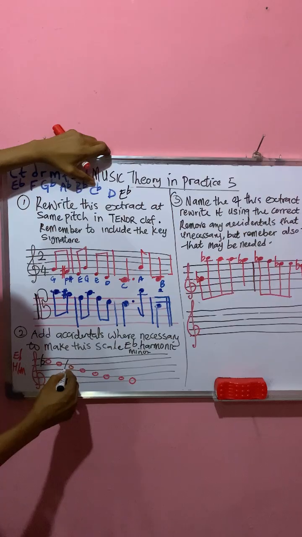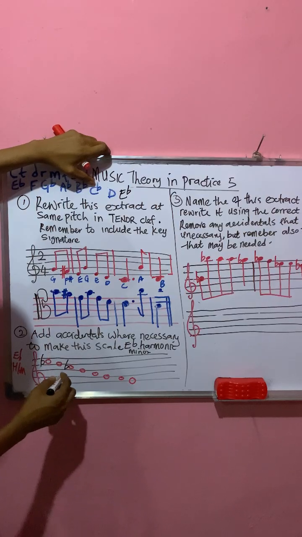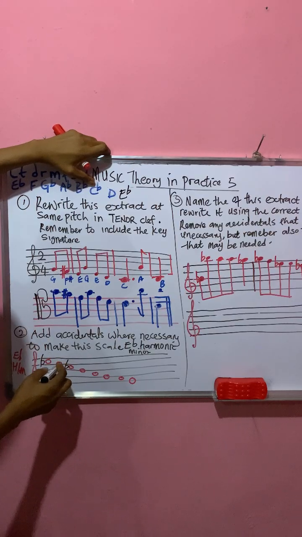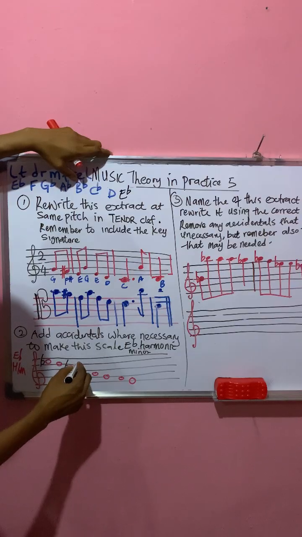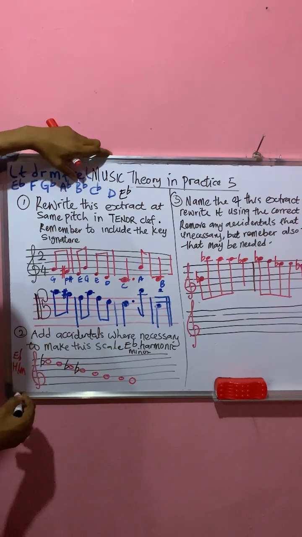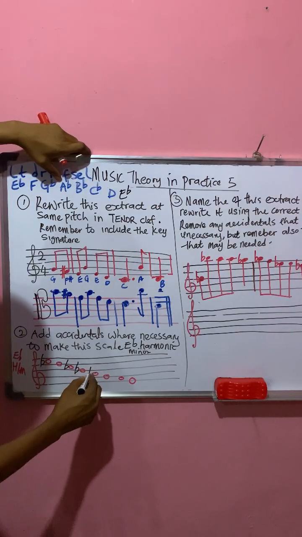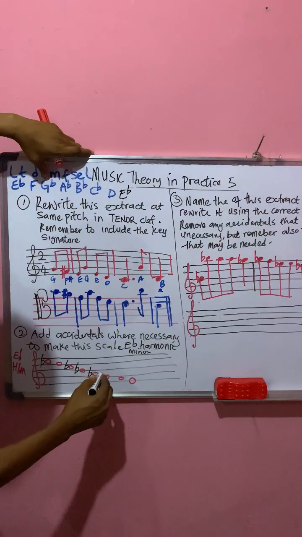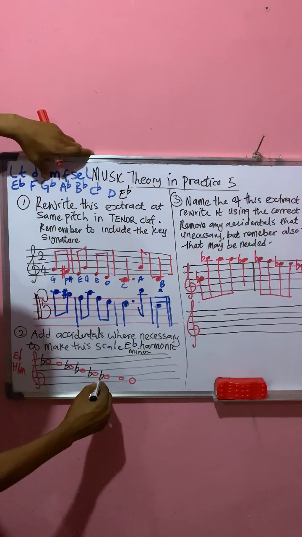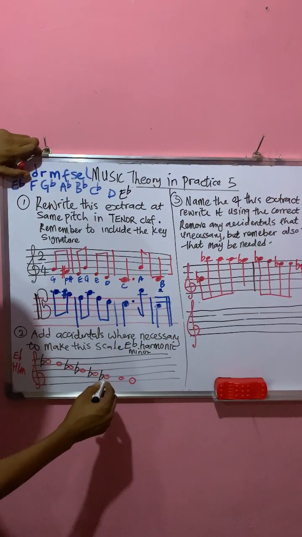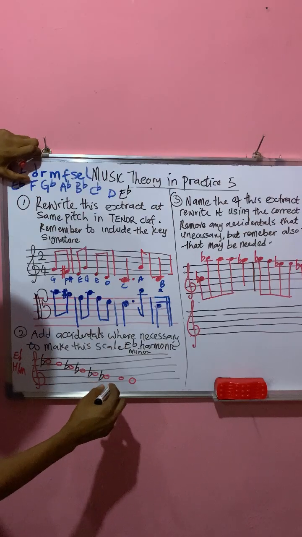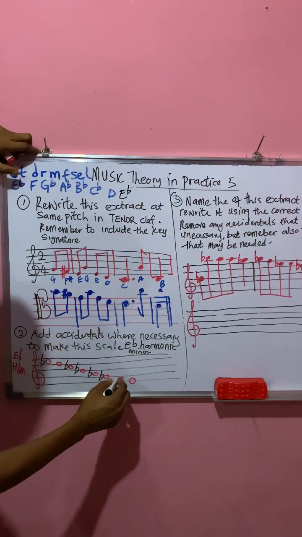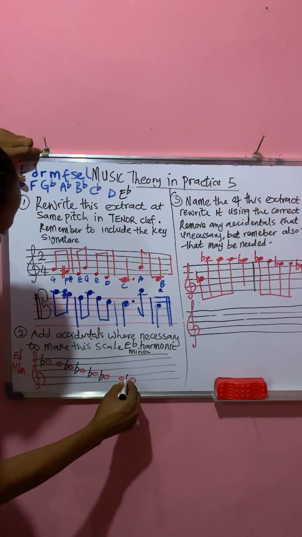We have C flat. Where you put your flat matters. We have B flat. See how I'm putting it? We have A flat, and we have G flat, and we have F, and we have E flat.